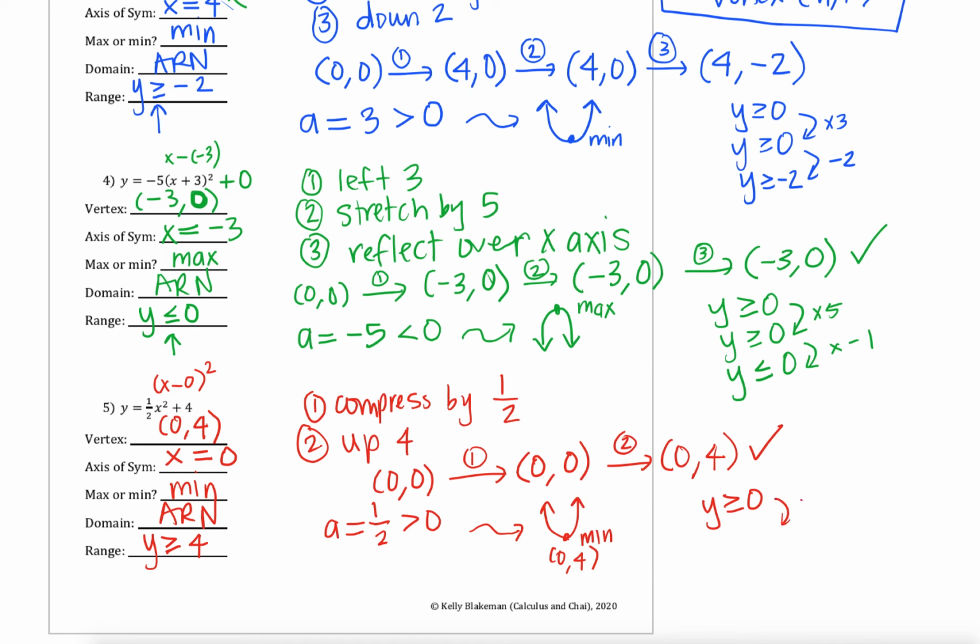When we compress by 1/2, I'm multiplying by 1/2, but 0 times anything is still 0. And then I'm adding 4 from here, and so I end up with 0 plus 4 gives me 4. Since I just multiplied by a positive and added a number, the inequality sign does not flip, which we already knew because our vertex is a minimum, so we end up with y is greater than or equal to 4.